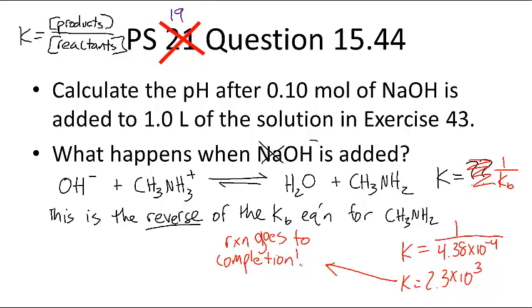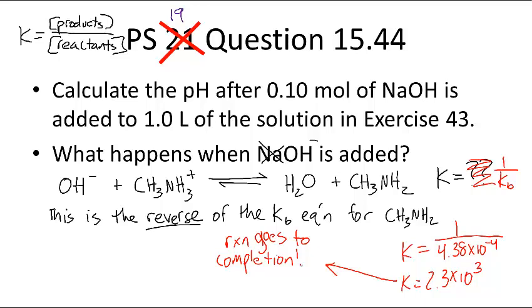Part of what you're going to do on problem set 19 is look at a bunch of reactions like this where you're reacting an acid with a base, and you're going to come to the conclusion that pretty much in every case where we react an acid with a base, you end up with a really big K value, and so the reaction goes to completion.